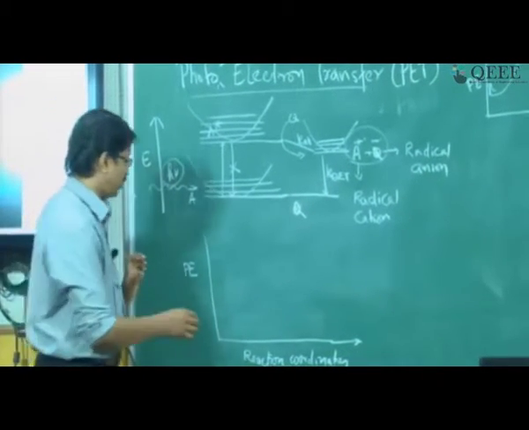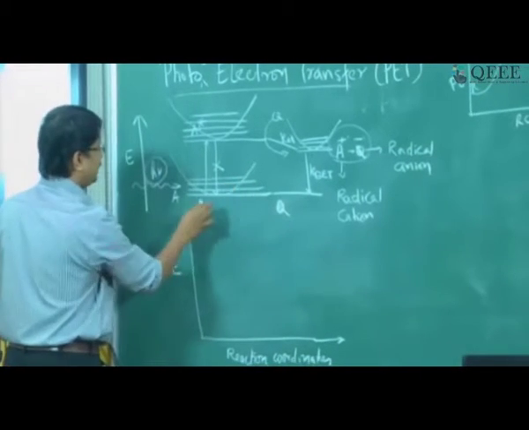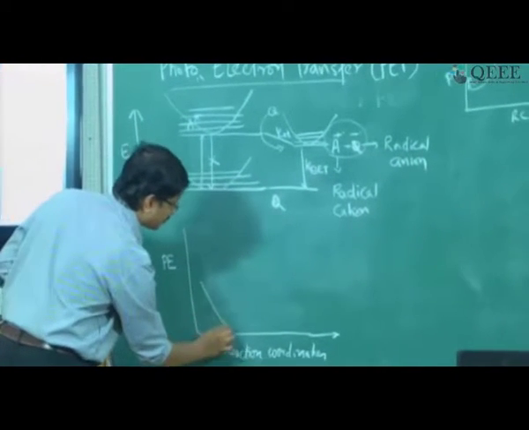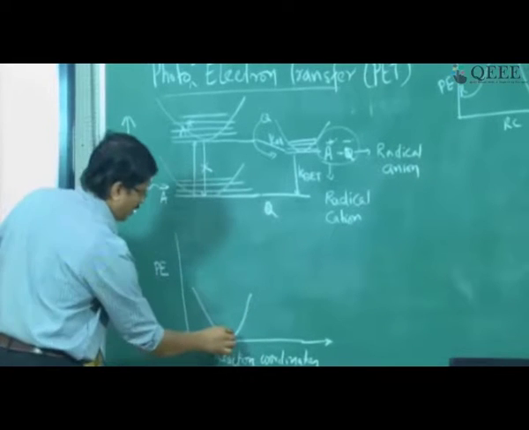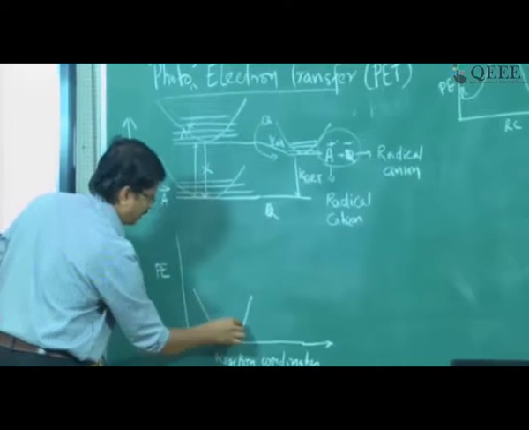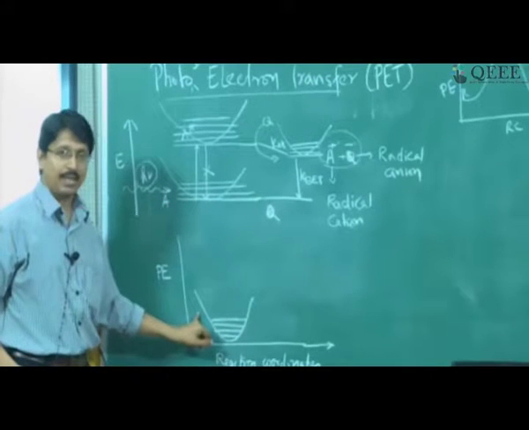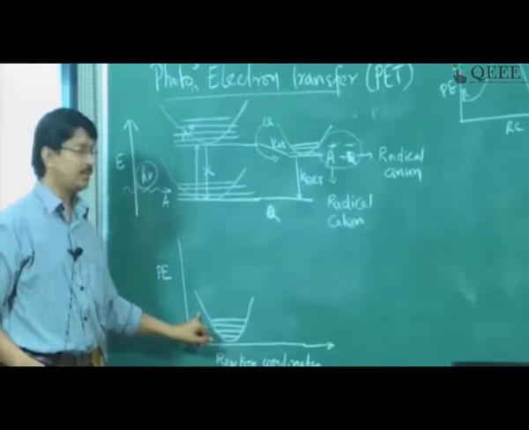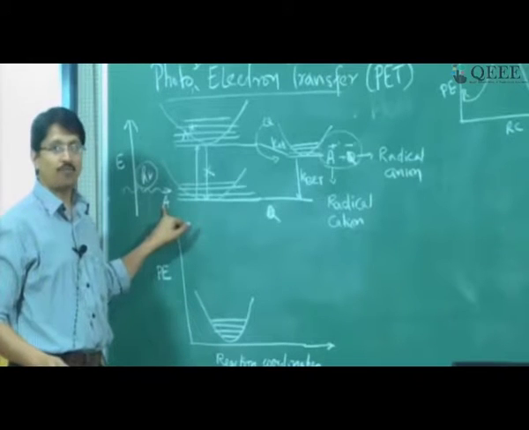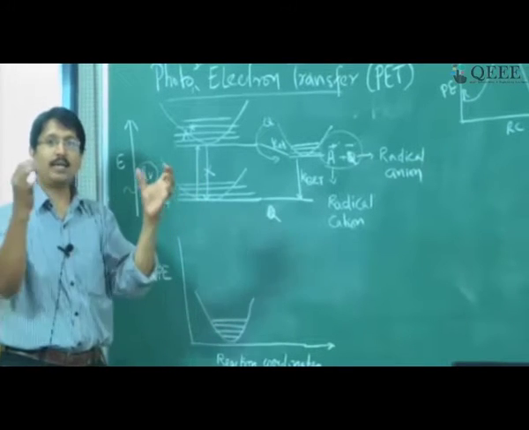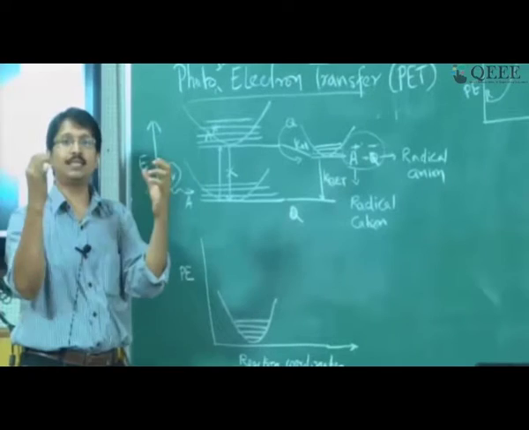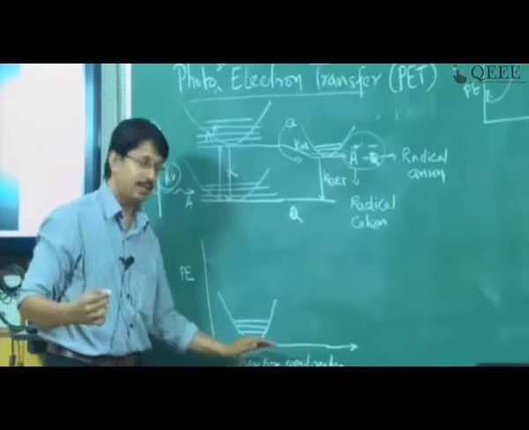That is the question. So I can represent the same energy, ground state, like a parabola. These are the vibrational energy levels. So the same electronic state I can represent like this. What I am trying to say is, this particular molecule is formed by bringing two atoms together. So the internuclear distance of these two atoms is what I am plotting here.